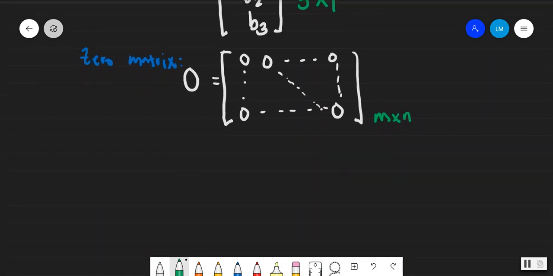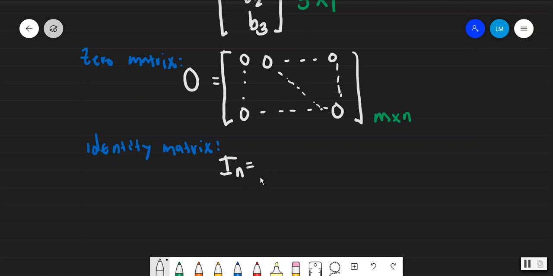Another matrix that you might run into is what we call an identity matrix. An identity matrix is defined as follows. You have I sub n.